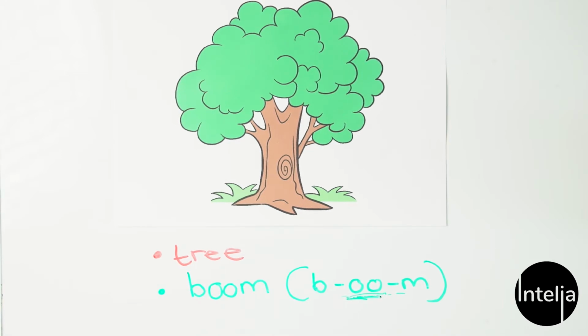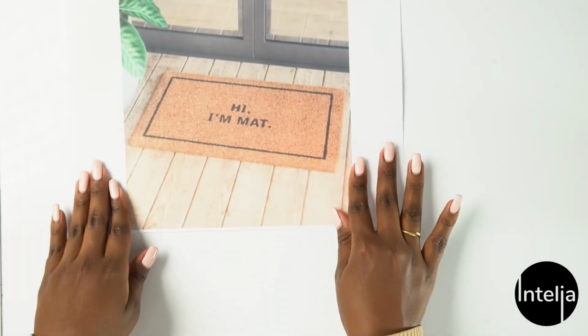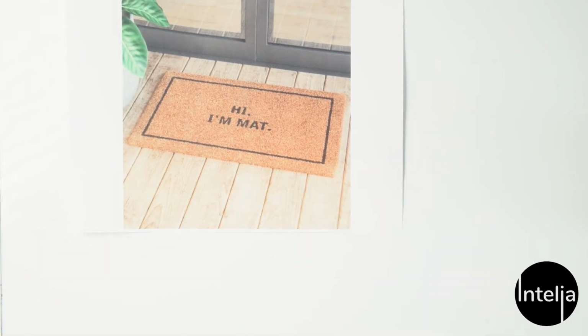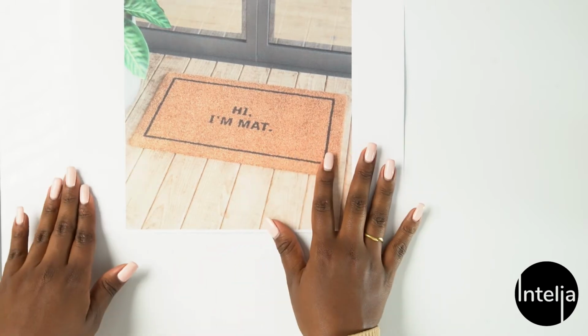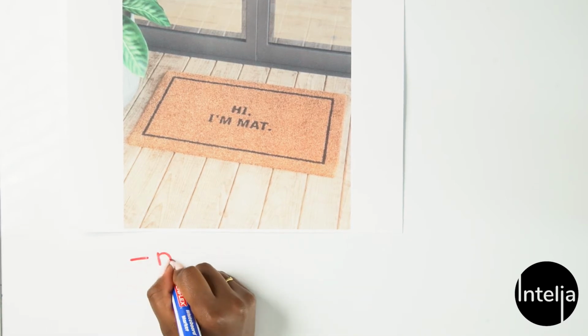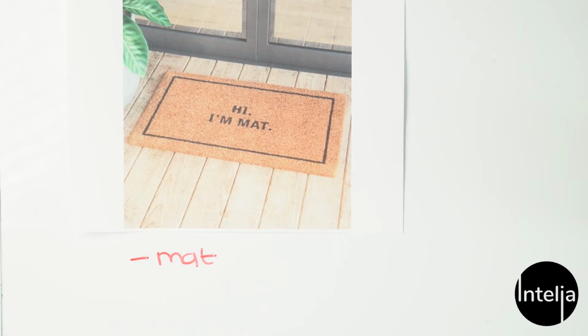Awesome. Let's move over to our second picture. And here is our second picture. What do you think this looks like? That's right, it's a mat. And what's a mat in Afrikaans?